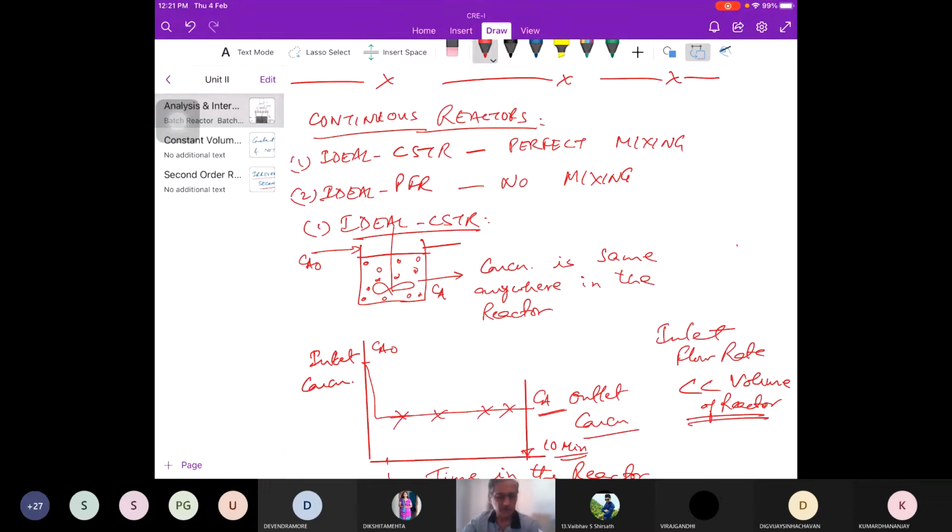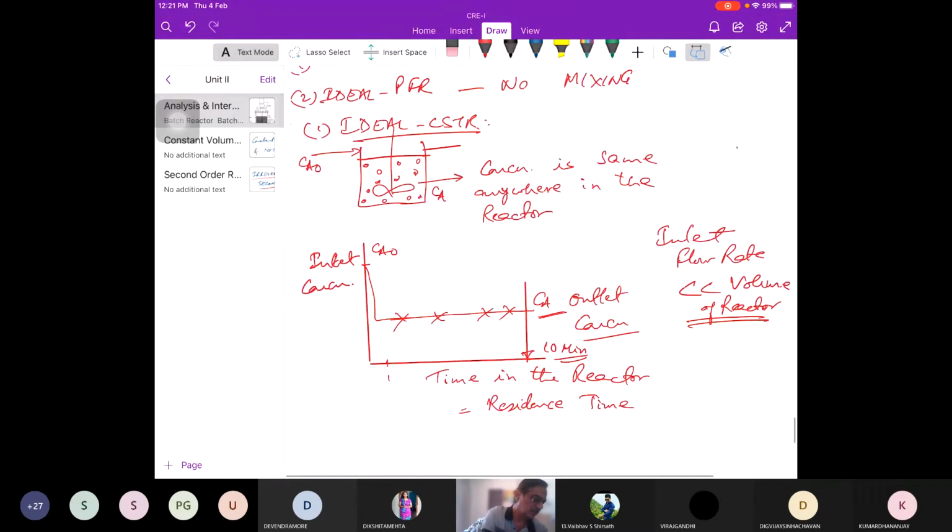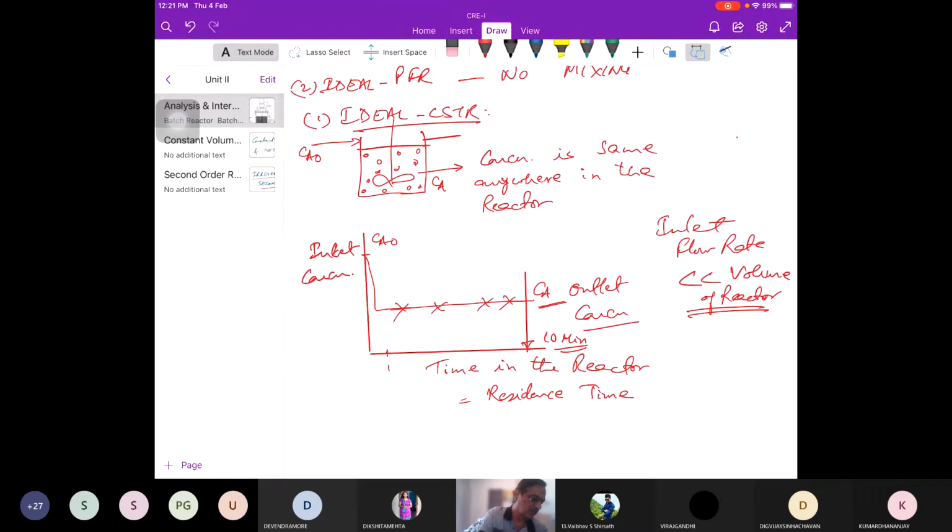That is why the moment the feed enters the reactor, its concentration becomes almost the reactor concentration, which is CA, the exit concentration, and this is the inlet concentration, and that is why the reaction takes place at exit concentration, not at inlet concentration.